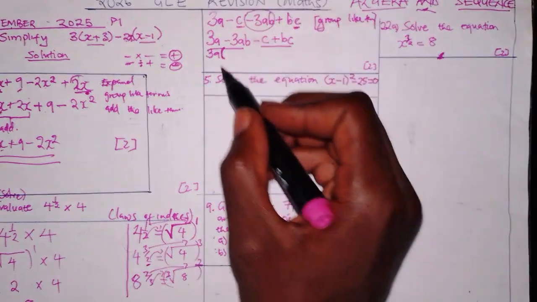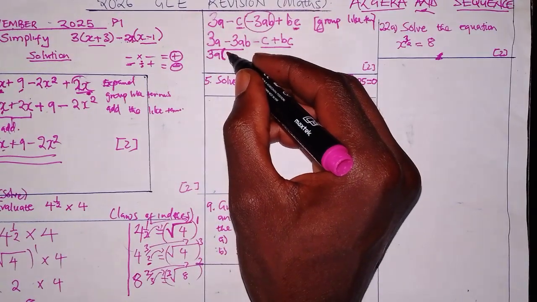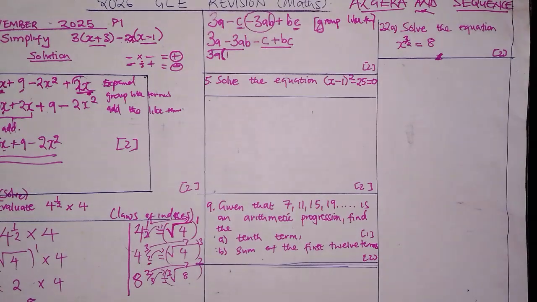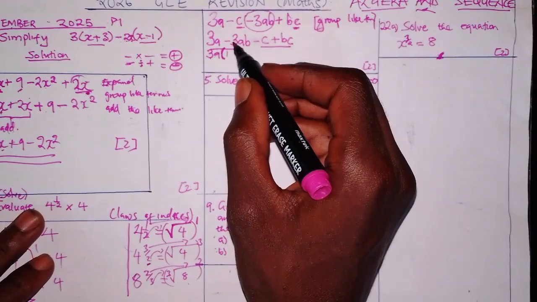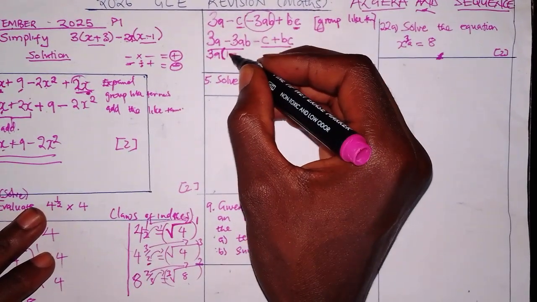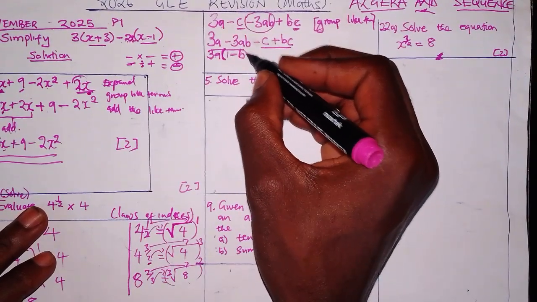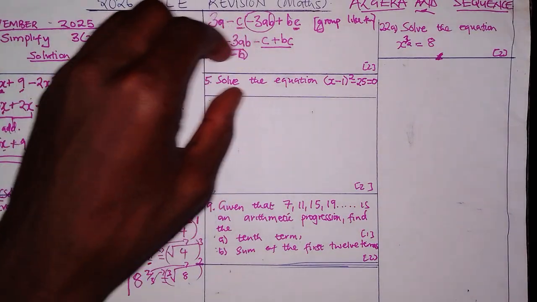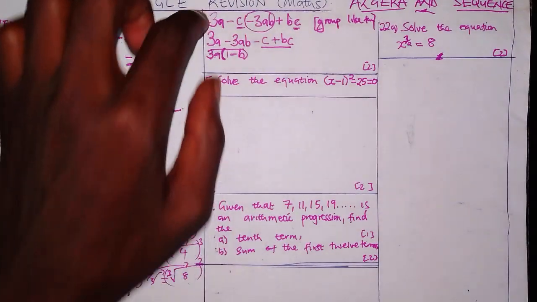So you say 3a divided by 3a, we have 1, because they are cancelling each other. Then you move on to the second one. 3a divided by 3ab, we have minus b as our answer. So this is what is common this side, we only have 3a.